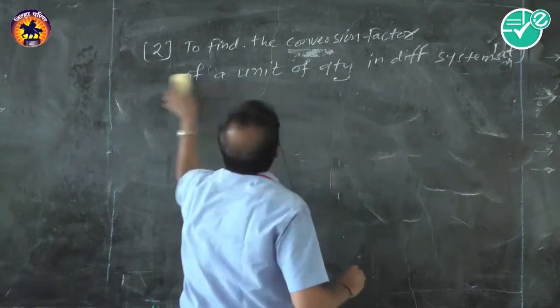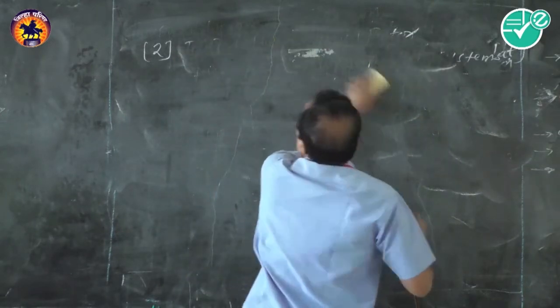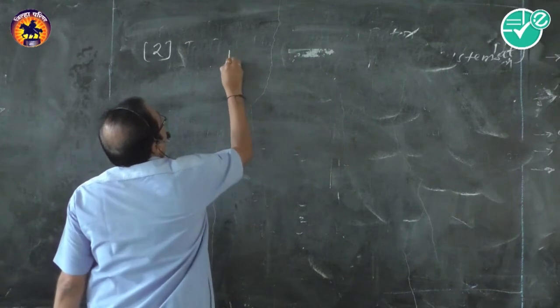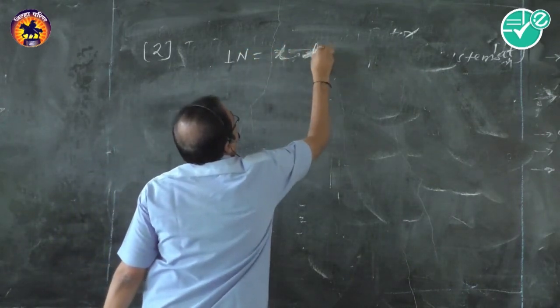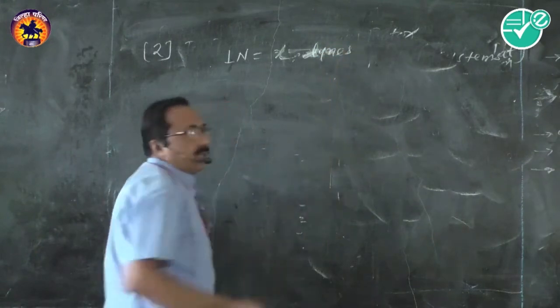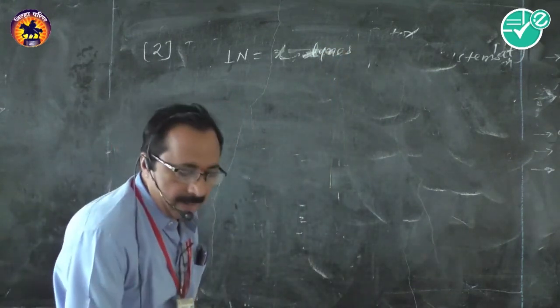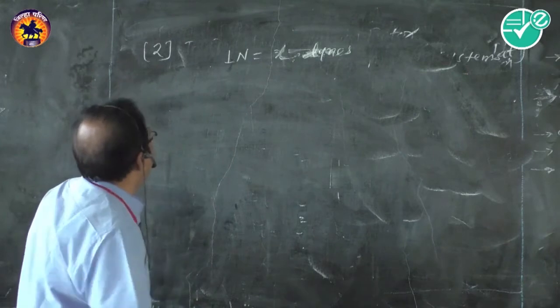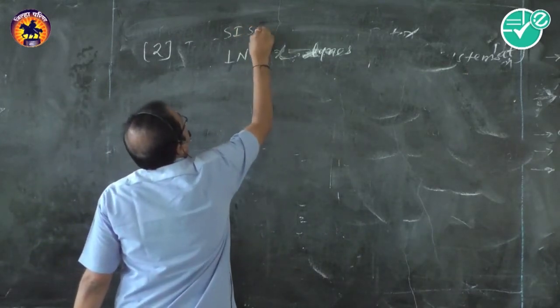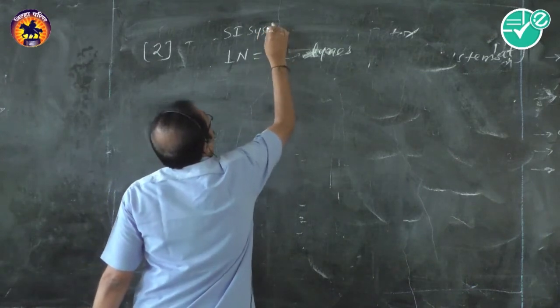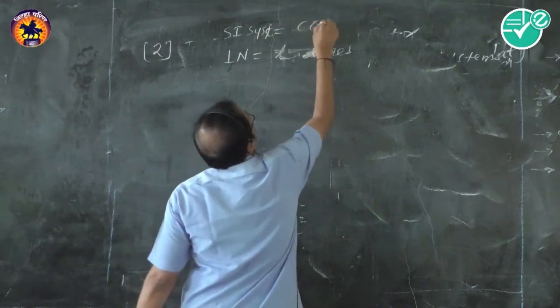Let us suppose that 1 Newton is equal to X dynes. This is the SI system, and this is the CGS system.